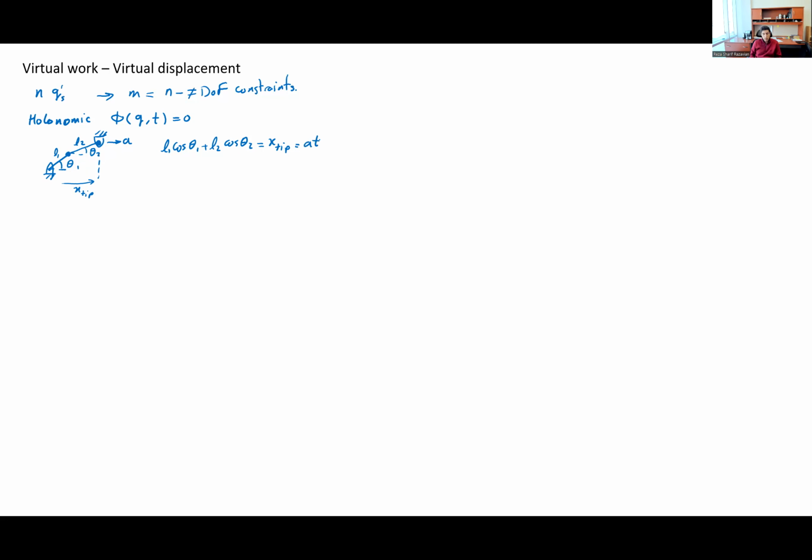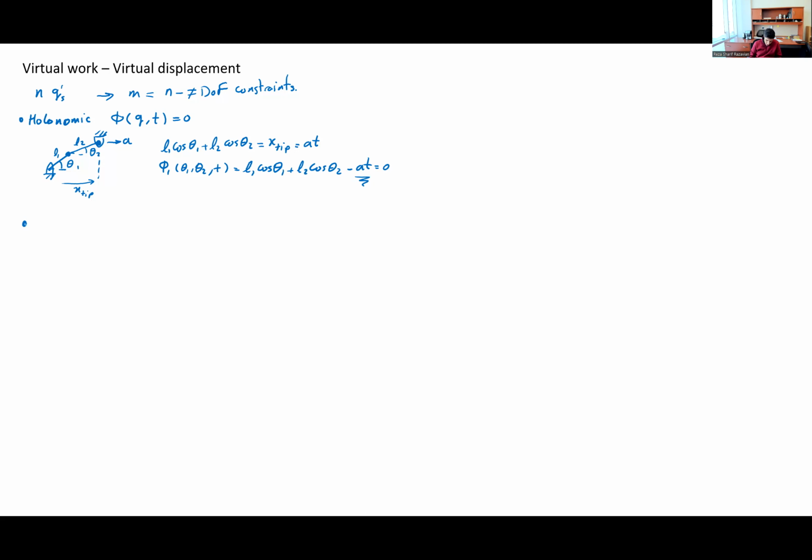So the constraint phi 1 of theta 1, theta 2, and t would be L1 cosine of theta 1 plus L2 cosine of theta 2 minus at equals 0. I had this example because I wanted to show where the explicit notion of time may come into effect in our constraint equations.